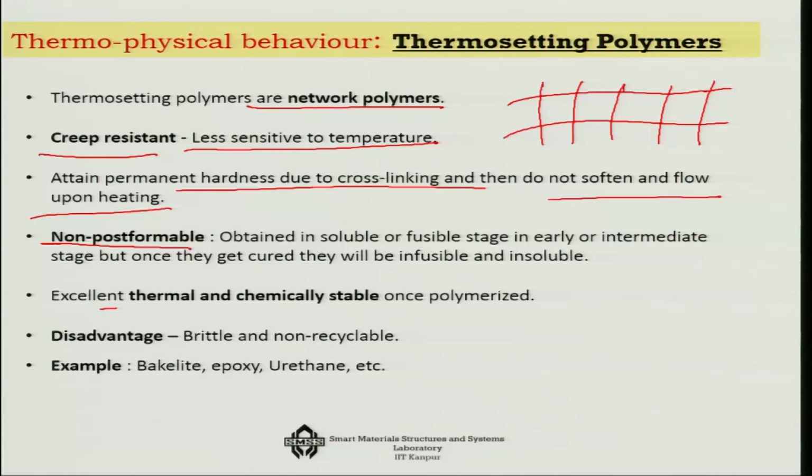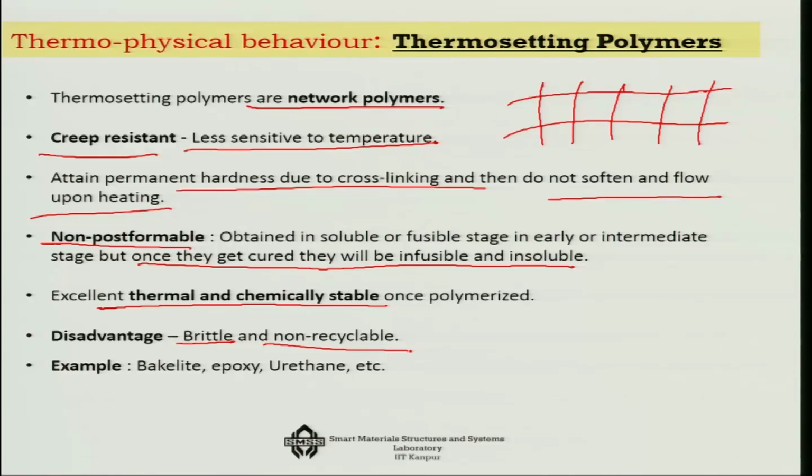So that means they are obtained in a soluble or fusible stage in the early or intermediate stage, but once they get cured, they will be infusible and insoluble. As a result, their shelf life is actually very limited, but the good part is that they have excellent thermal and chemical stability once polymerized. The mechanical disadvantage is that they are brittle, and they are non-recyclable.